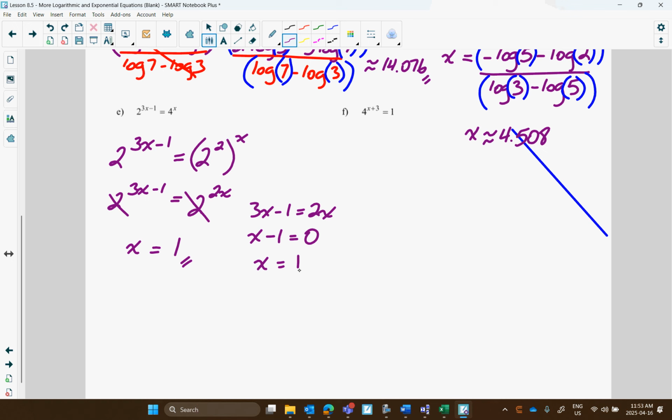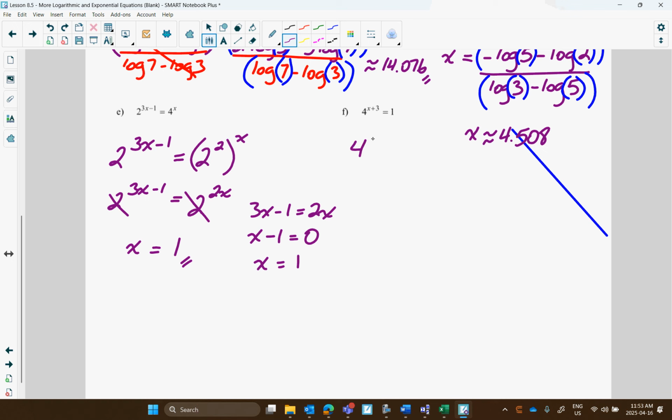You could log both sides, but can you make them the same base? Yeah, I can write 1 as any power as long as it's raised to the what? Anything raised to the 0 is always 1.